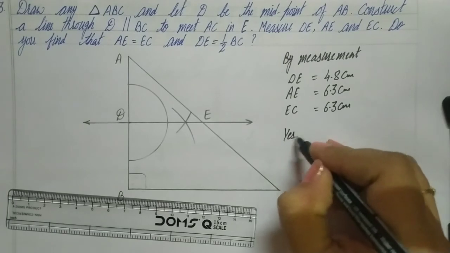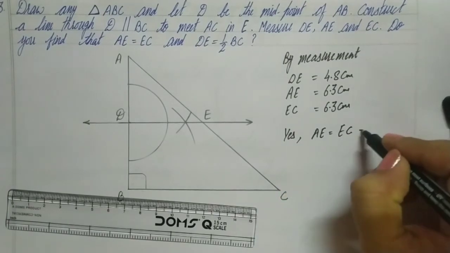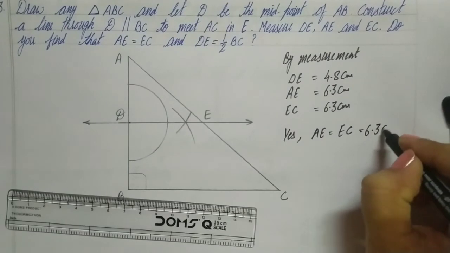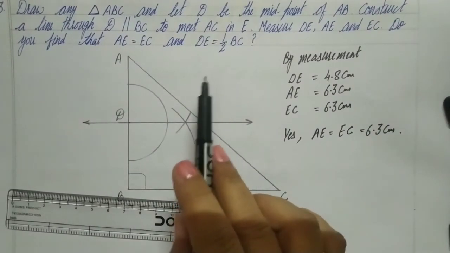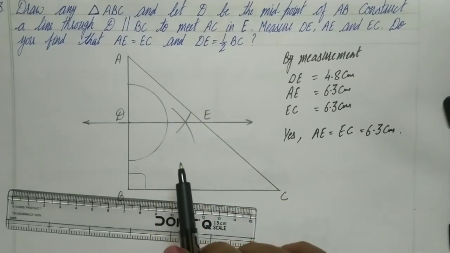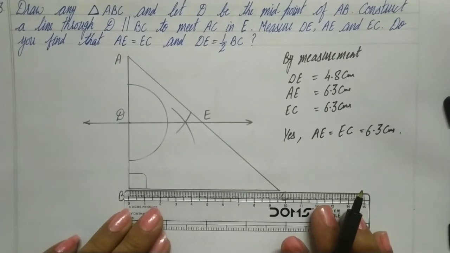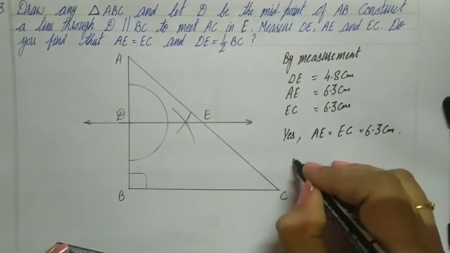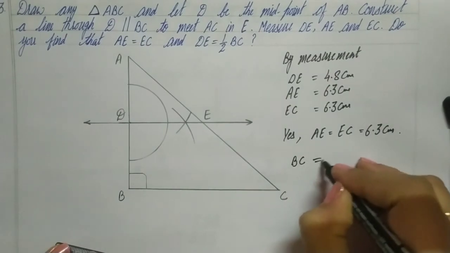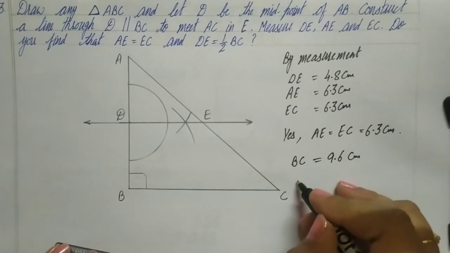Yes. AE is equal to EC is equal to 6.3 centimeter, and DE is equal to half of BC. What is the length of BC? BC measures 9.6 centimeter.